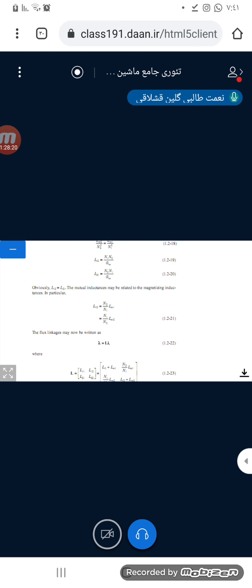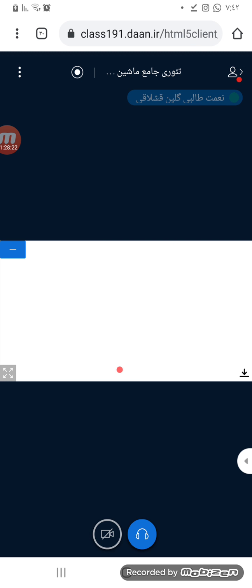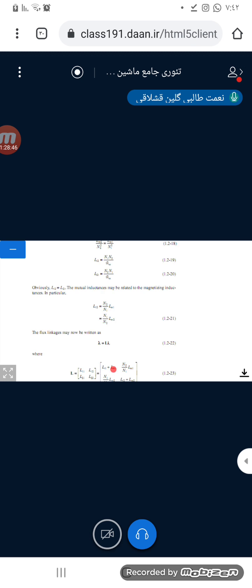The voltage difference of circuit 1 is R1 plus L1, R1 plus L2 over N1, coming from here.